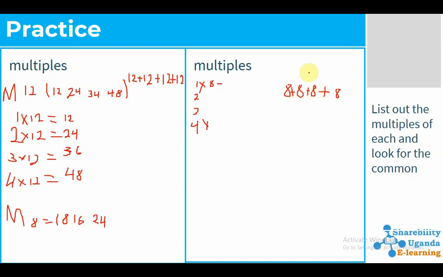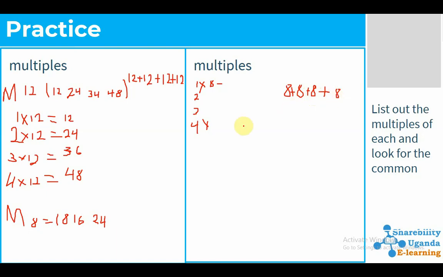Hope someone is calculating. You can use multiplication as a repeated addition. We said 8 plus 8, 4 times. 8 plus 8, we get 16. 16 plus 8, you get 24. So what is 24 plus 8?